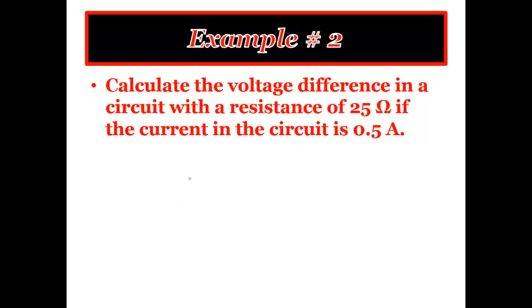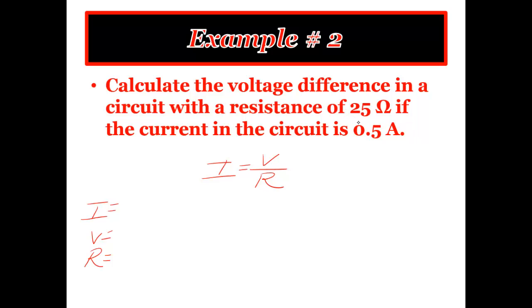Alright, let's try another one. I equals V over R. Arr, matey, the pirate jokes are not going to end. Calculate the voltage difference in a circuit with a resistance of 25 ohms if the current in the circuit is 0.5 amps.